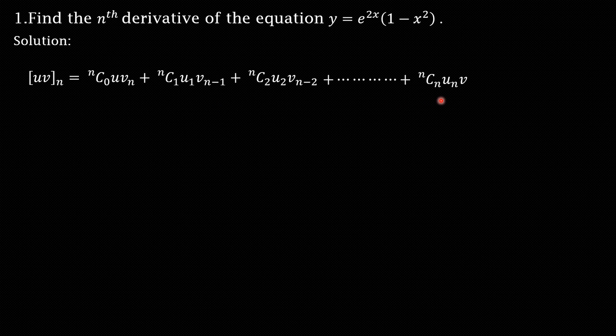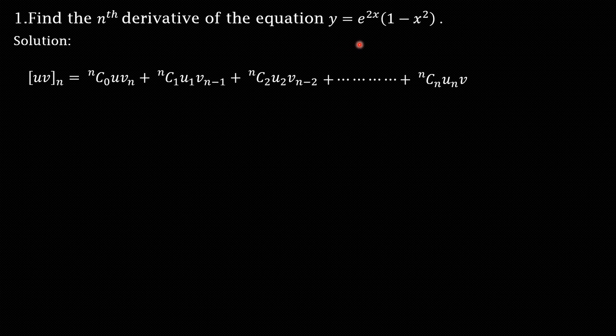The last term of the expansion is nCn, nth derivative of u multiplied with v. But the most important thing in the Leibniz rule is you need to choose your u in such a way that its derivative becomes 0 after a certain stage, isn't it?